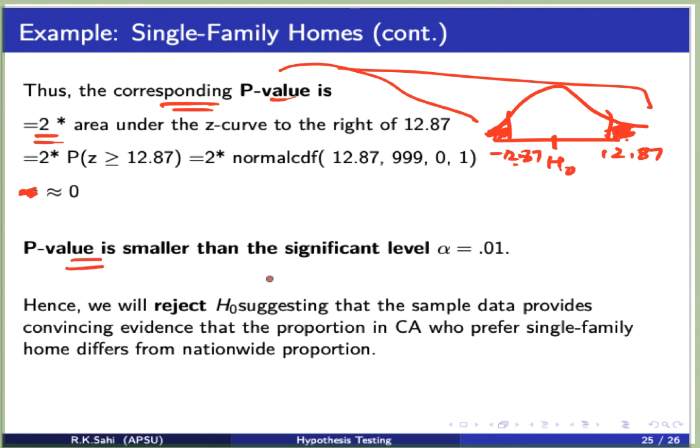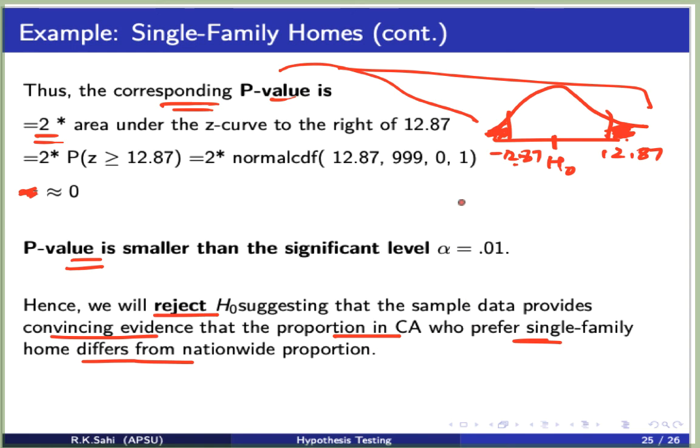Now, the p-value is definitely less than the significance level, and hence we will reject the null hypothesis, which simply says that the sample data provides convincing evidence that the proportion in California who prefer single family definitely differs from the nationwide proportion.